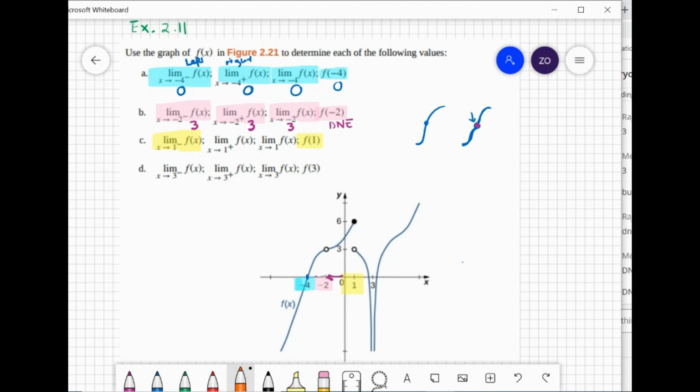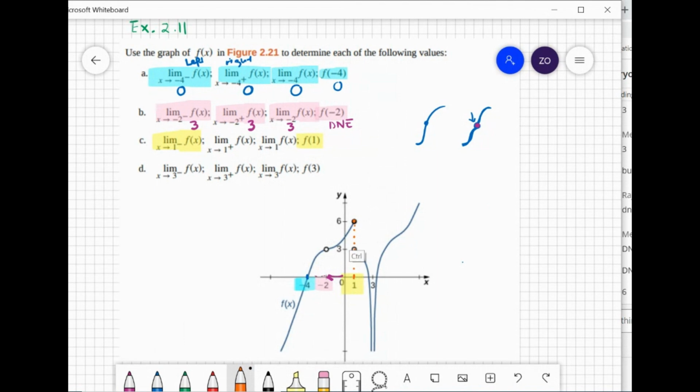So at 1, in this case, let's go up. I know it is not defined here. However, if you keep going up, what can you say? F of 1 equals 6. That's correct. So f of 1 equals 6. The function value 6 is defined here, not in here, but here.